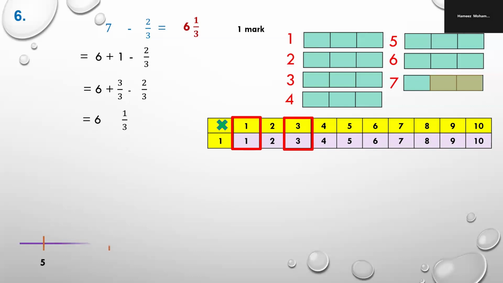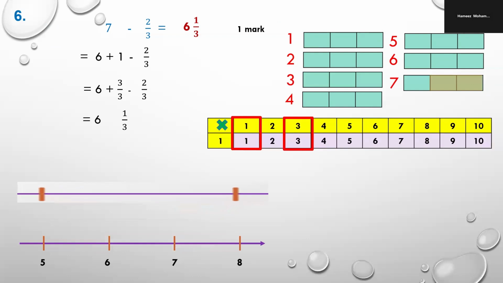Some people like to use a number line instead, 5, 6, 7, 8. And we're looking at the question. Let's look at 6 and 7. Let's expand it a little bit so it'll be easier for us to see. And we're counting in fractions of thirds. So if we start with 6, we'll have 6 and 1/3, and we'll have 6 and 2/3, and then we'll have 7.